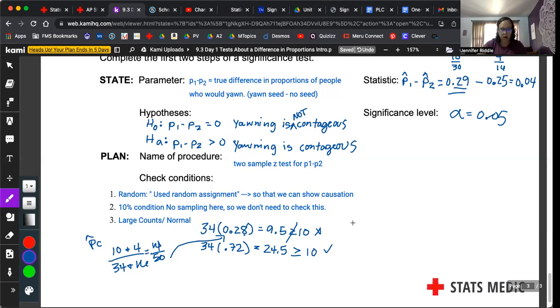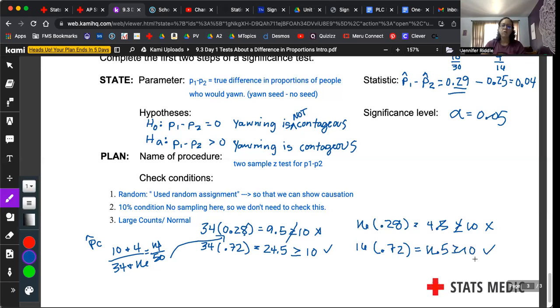All right, checking our other sample size. 16 times 0.28 equals 4.5. Again, not greater than or equal to 10. And then 16 times 0.72 gives me 11.5, which is greater than or equal to 10. So a couple of things.